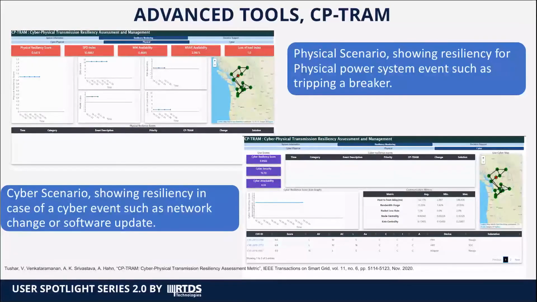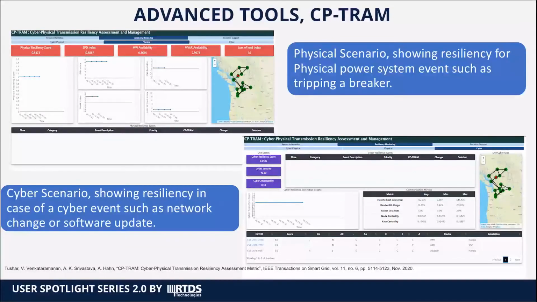CPTRAM is a cyber-physical transmission resilience analysis metric tool, which can take different physical factors and cyber factors and run different algorithms within itself to show the resiliency in real time when an event happens in the power system, which can help operators understand the resiliency state of the power system.